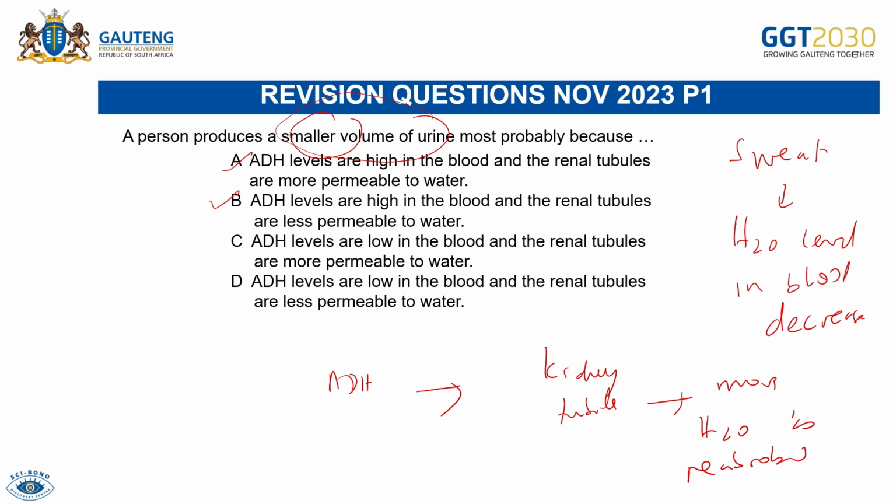So it's going to be ADH is high and the renal tubules are more permeable. They are definitely not less permeable. So B is out, and the correct answer would be A. Okay? And here's the correct answer, that the ADH levels are high in the blood and the renal tubules are more permeable to water.